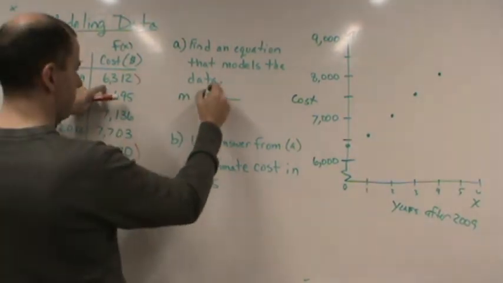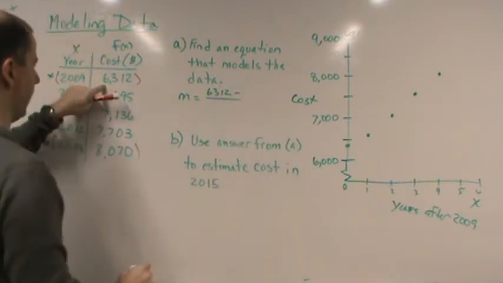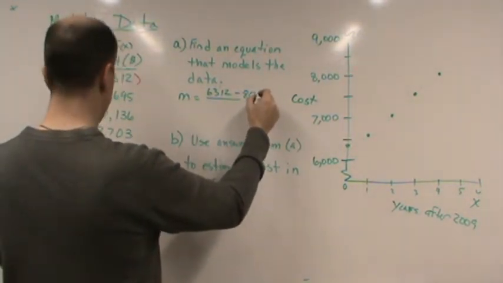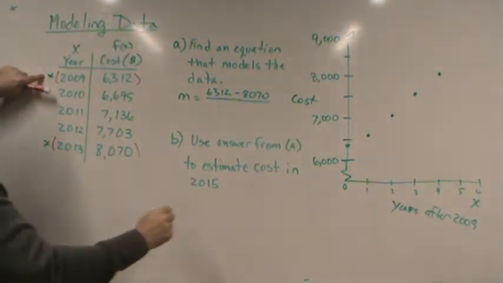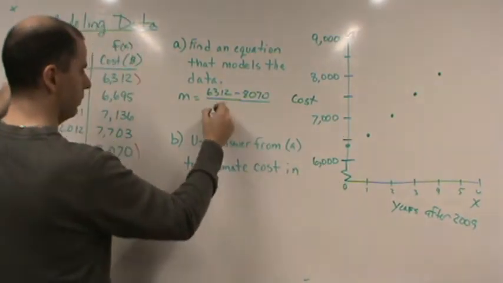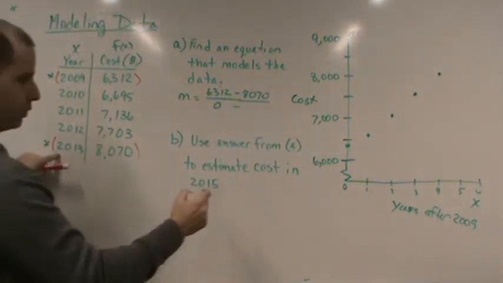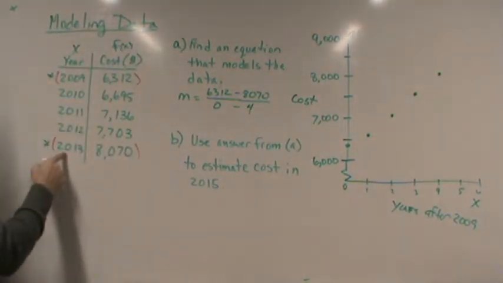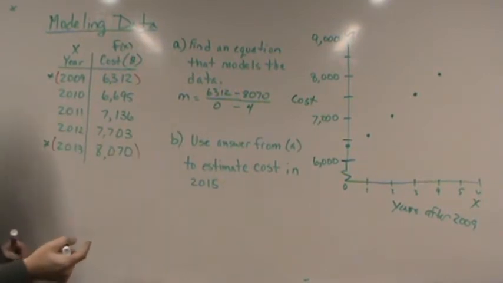So let's do 6312 minus 8,070, and then 2009, which represents x equal to 0, minus 2013, which is x equal to 4. If we took 2013 and 2009 in the other order, you get the same result. So just realize that.